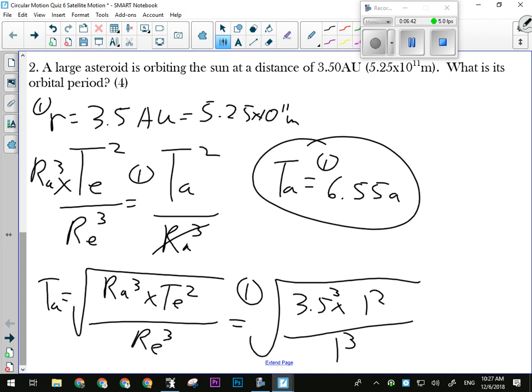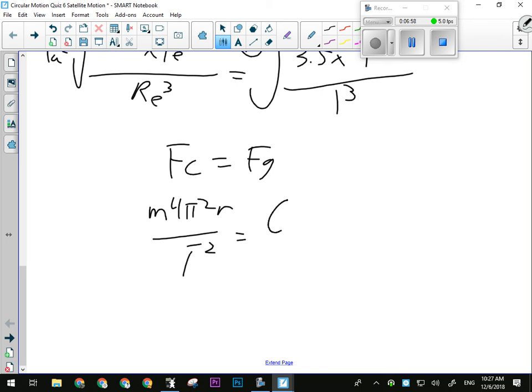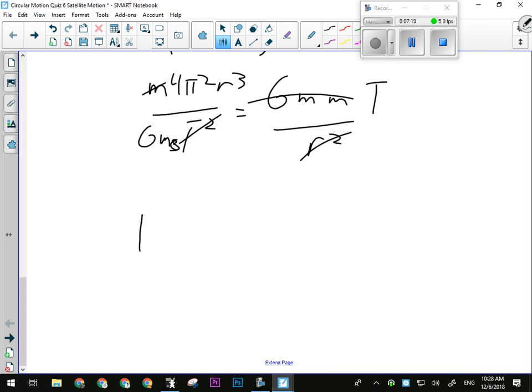Did anyone solve it as a satellite motion question? Just quickly, if we're solving it as a satellite motion question, then we have FC equals FG: m 4 pi squared times r over T squared equals big G times mass over r squared, and we're looking for the period. So we're going to have r cubed over big G times mass of the sun; the mass of the Earth will cancel. We've got T squared over here. It's actually going to be a slightly different number doing it this way.